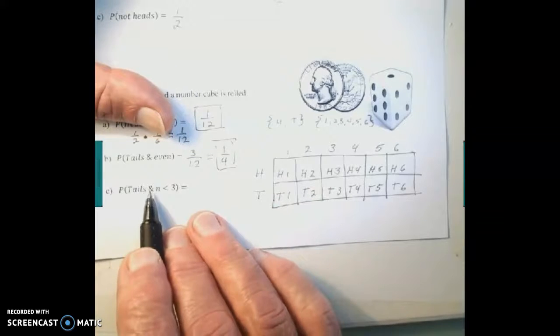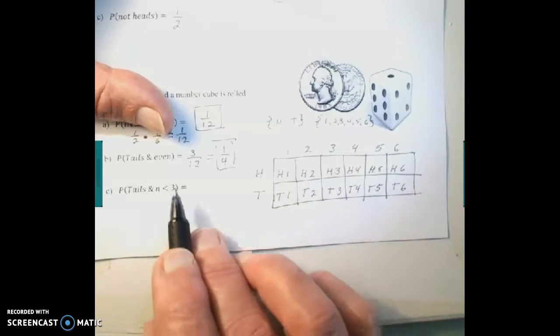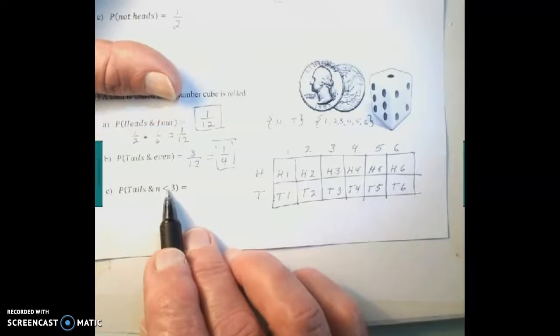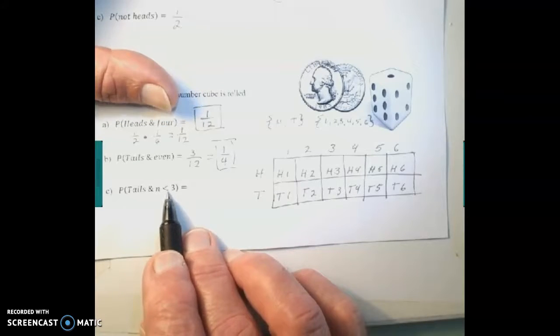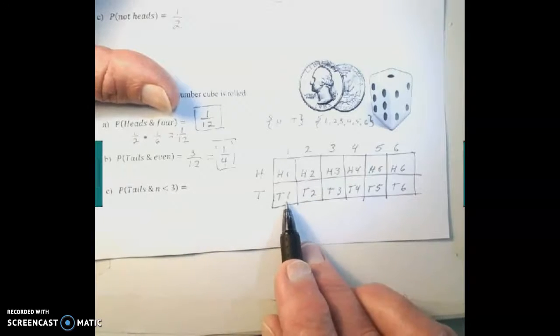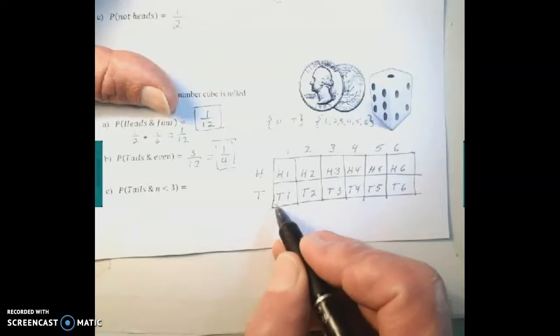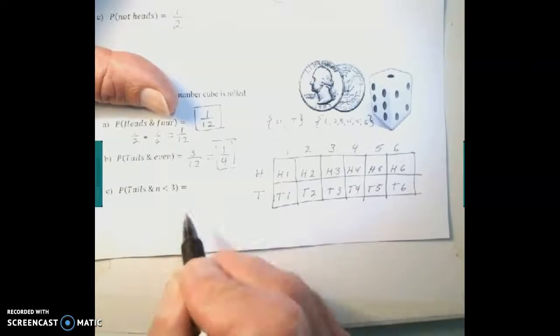Probability of getting tails and a number that is less than 3. Okay, again, the key thing here, less than 3. 3 is not less than 3. There are only 2 favorable numbers then. That would be getting a 2 or a 1 on the number cube. Tails, just these 2 possible answers.